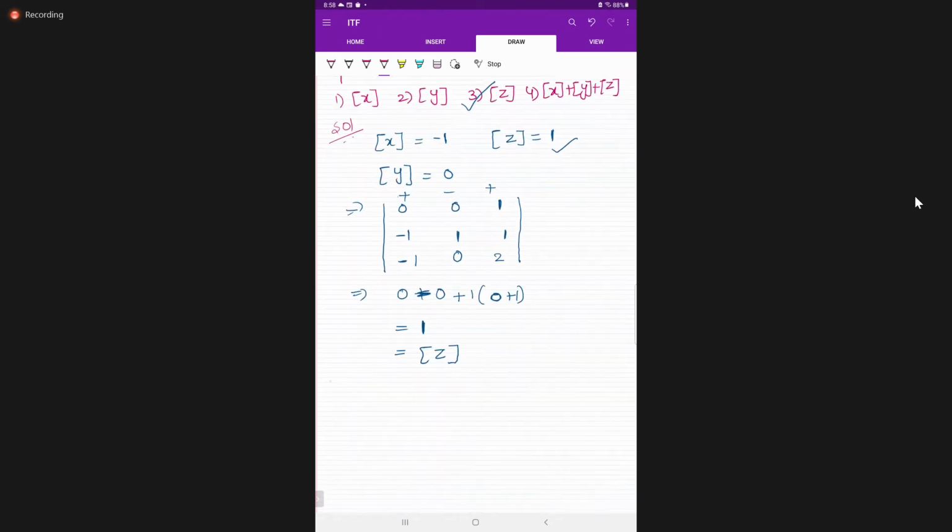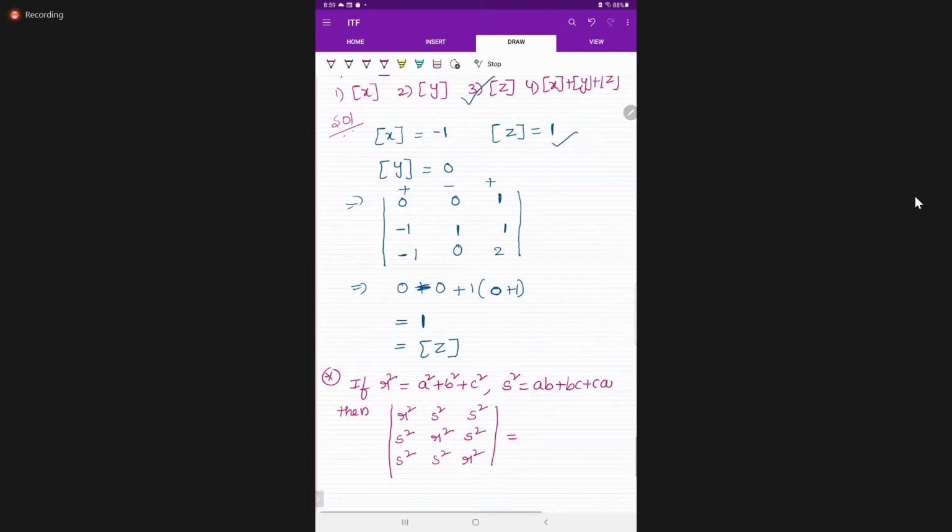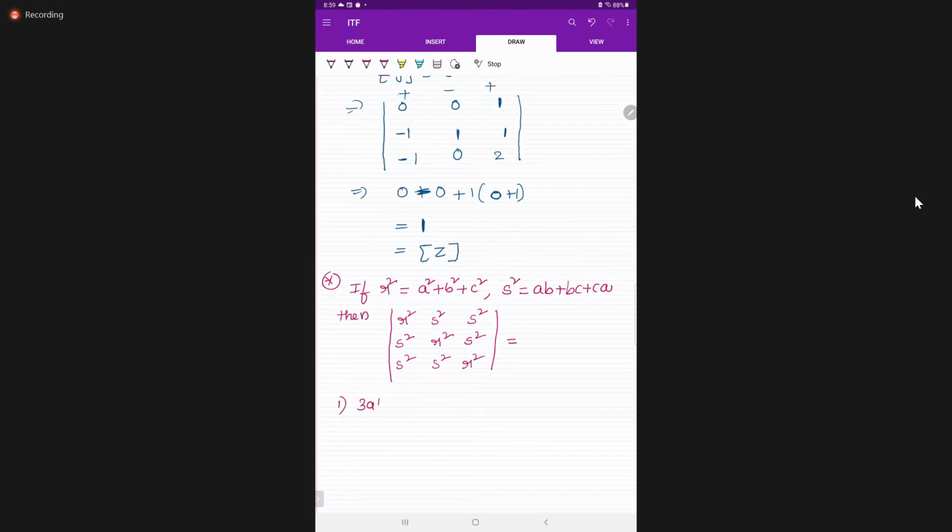Next question. If r square is equal to a square plus b square plus c square, and s square is equal to ab plus bc plus ca, then the determinant of [r square, s square, s square; s square, r square, s square; s square, s square, r square] is equal to: first option, 3abc minus a cube minus b cube minus c cube.